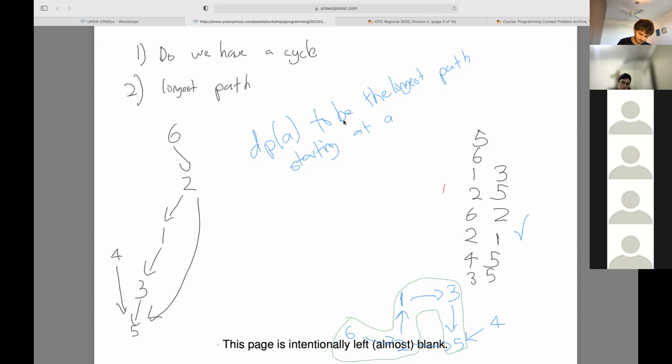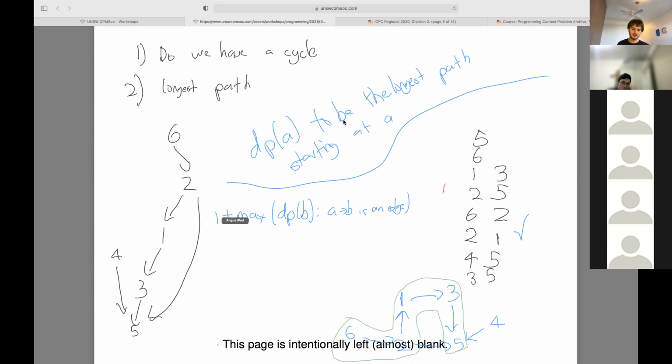Well, this is precisely equal to the maximum of dp of B, where A to B is an edge, plus 1.